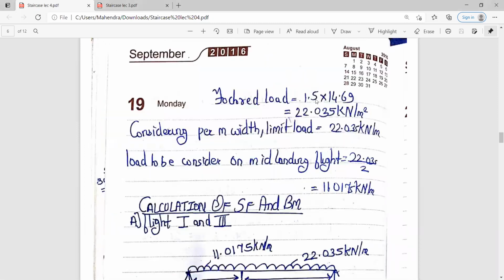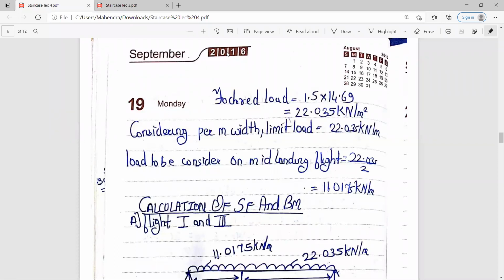So factor load will be 1.5 into 14.69, that is 22.035 kilonewton per meter square. So considering per meter width, that is the limit load. Limit load is nothing but the factor load, that is 22.035 kilonewton per meter, as we are going to consider the per meter width.